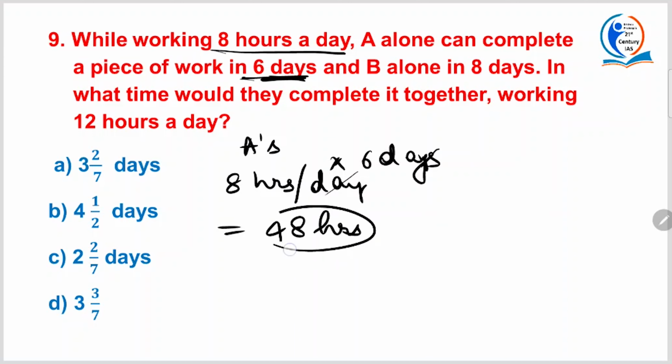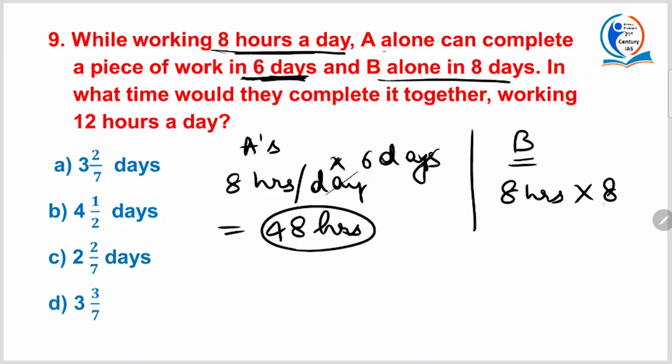And B, what is B's story? B is also working 8 hours per day, and B alone can complete it in 8 days, right? So 8 hours into 8, that is 64 hours. In what time would they complete it together, working 12 hours a day?